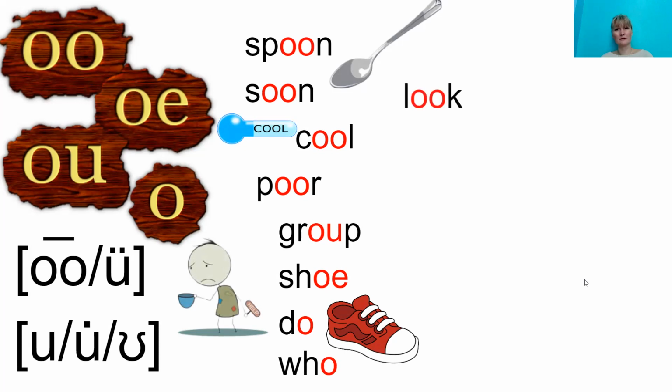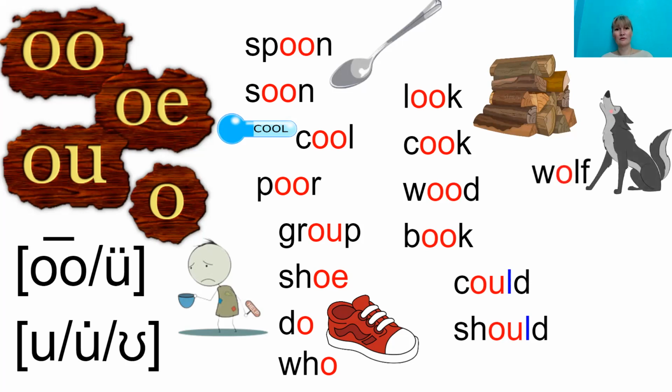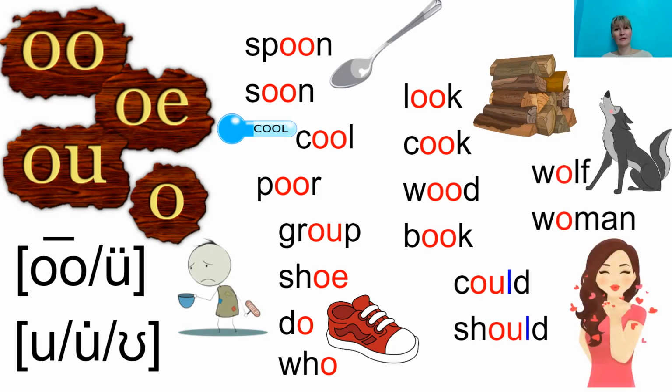So it's more like look, cook, wood, book, could, should. Note how L is silent here. Wolf, woman. So it's not ooh, it's not Luke, it's not cook, it's not woman. It's more of a woman. Look, cook, book, could.